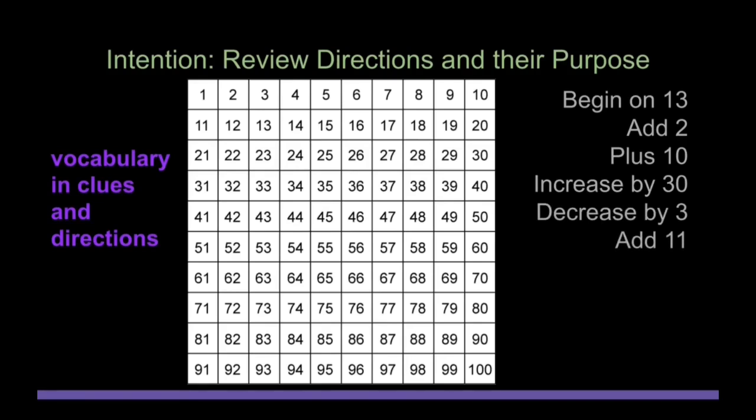Add 11, we talked about adding 11 before. Adding 11 or subtracting 11, what does that look like on here? Takes a little practice, but it's great because we're thinking in tens and units. When we get to numbers greater than 10 that we're adding and subtracting, we have to think of the tens place and the units place. So that's reinforcing.